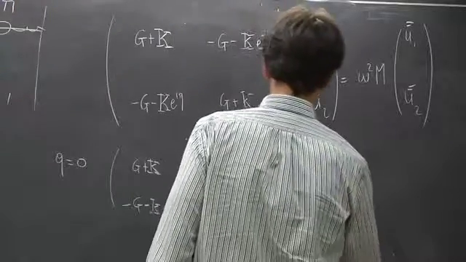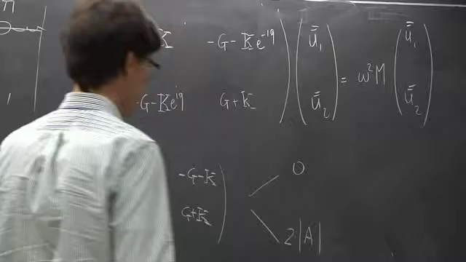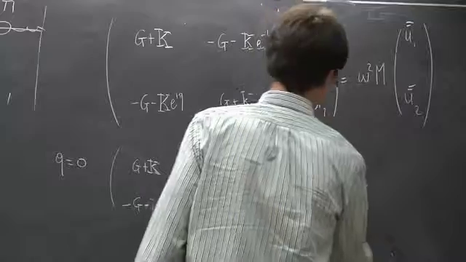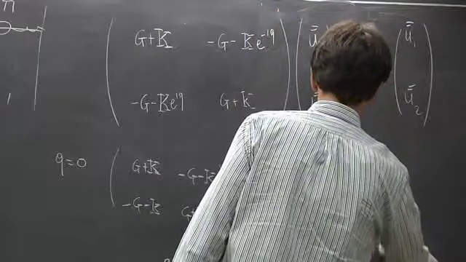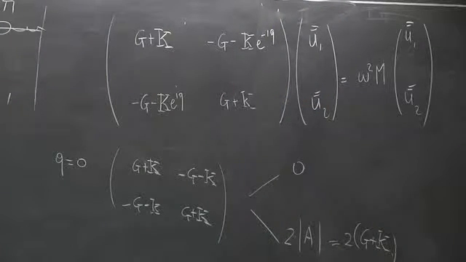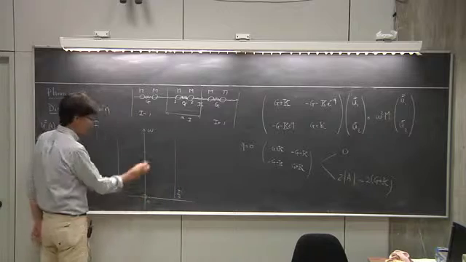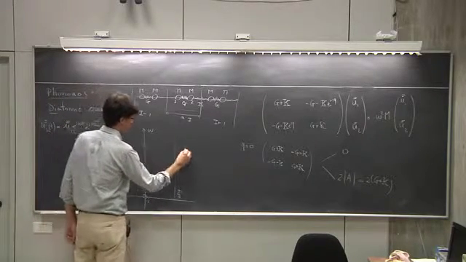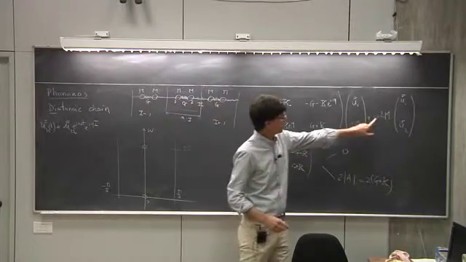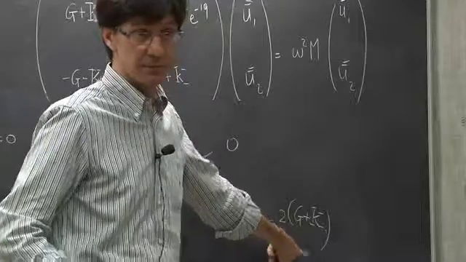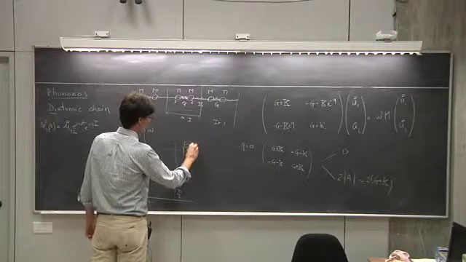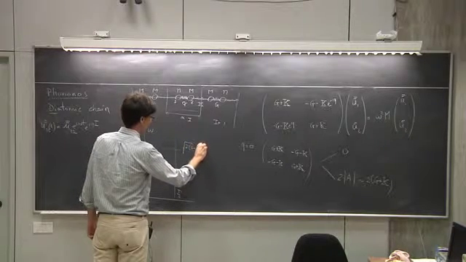Exactly. 0 twice a. All right? Well, twice g plus k. So here I have two solutions, this one and this one. Oh, sorry. In terms of omega, of course, omega squared times m is equal to this one. So this is actually square root of 2g plus k over m.